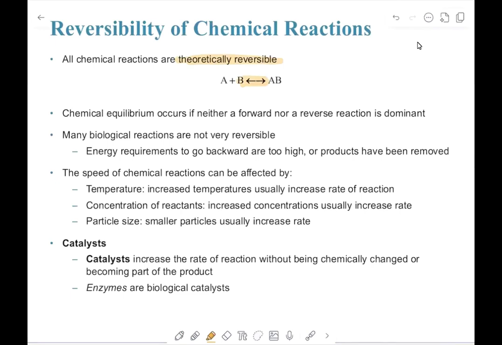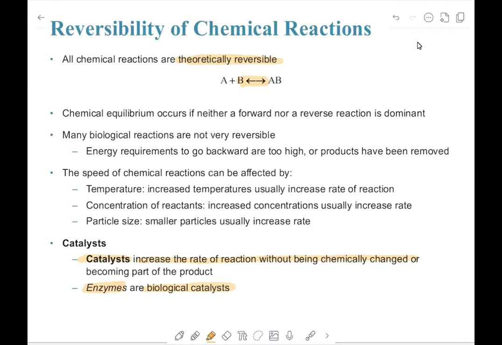The energy requirements to go backwards are sometimes too high, but the speed of the reaction is affected by what's called an enzyme. And it's very important that you know various characteristics of an enzyme. They are called catalysts, which increase the rate of the reaction without being chemically changed.